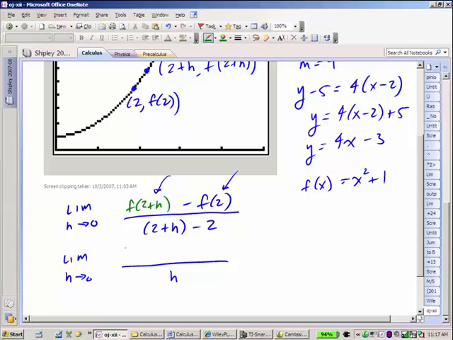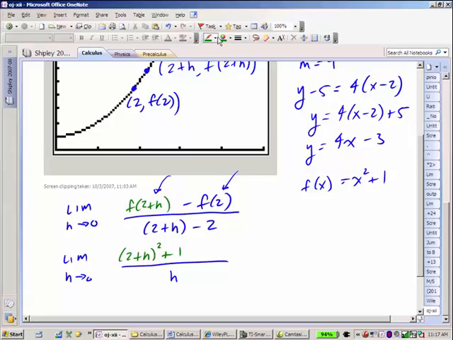Mike says when we plug that in, we get 2 plus h squared plus 1. Do people see how when 2 plus h is the input, 2 plus h quantity squared plus 1 is the output by this rule? Is that okay? All right, Mike, call on someone to tell me what the output is when we plug 2 in.